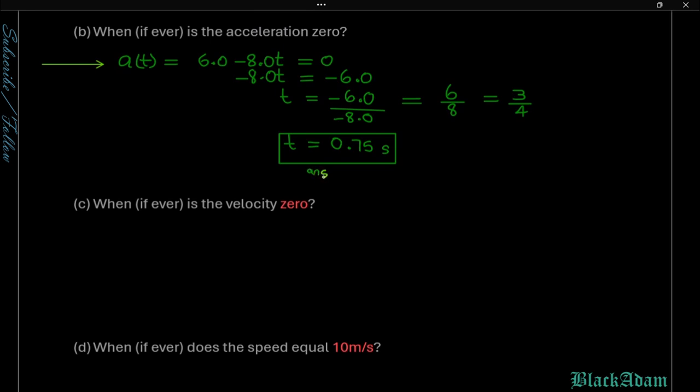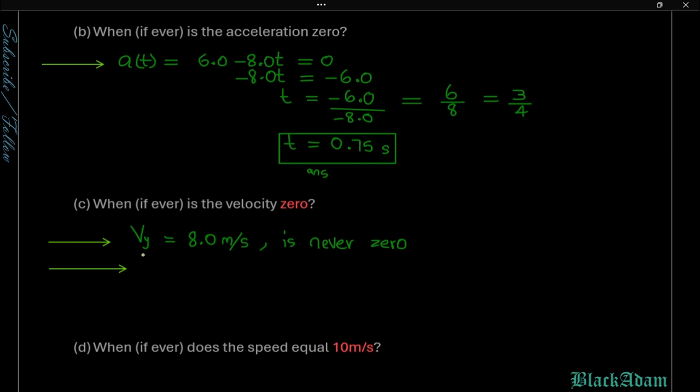Going to C, they asked when, if ever, is the velocity 0. So now they want the velocity, so we write the equation of the velocity. The vertical component is 8.0 meters per second, it's never negative, so it's never 0.